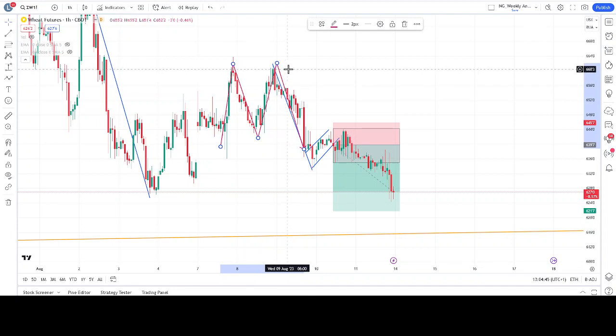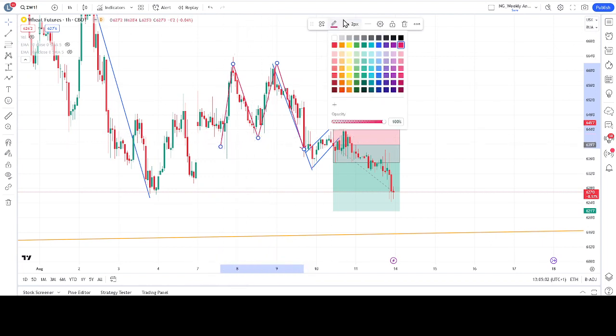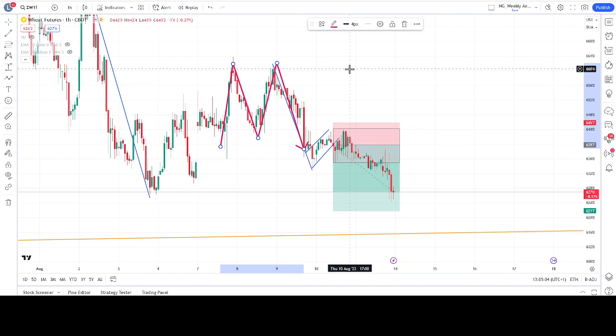Again, double top is also a bearish signal. You can very well, but for me, it was not the appropriate risk reward, so I did not go for the trade for double top. But this was the first confluence I got. Now, let me just highlight it here. So this is double top.